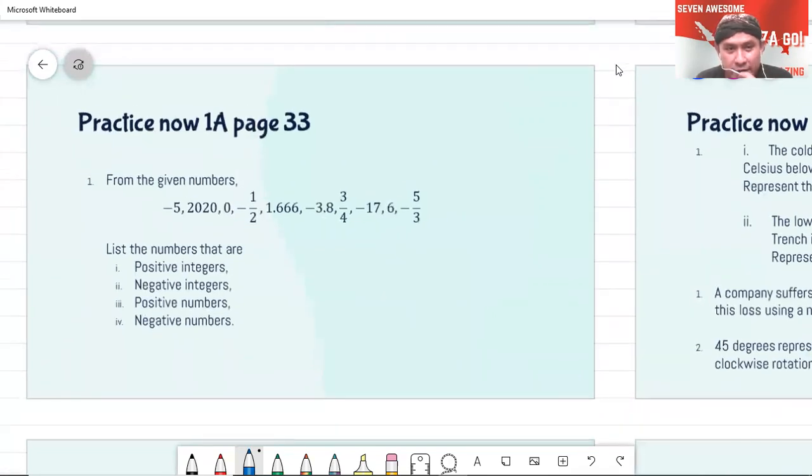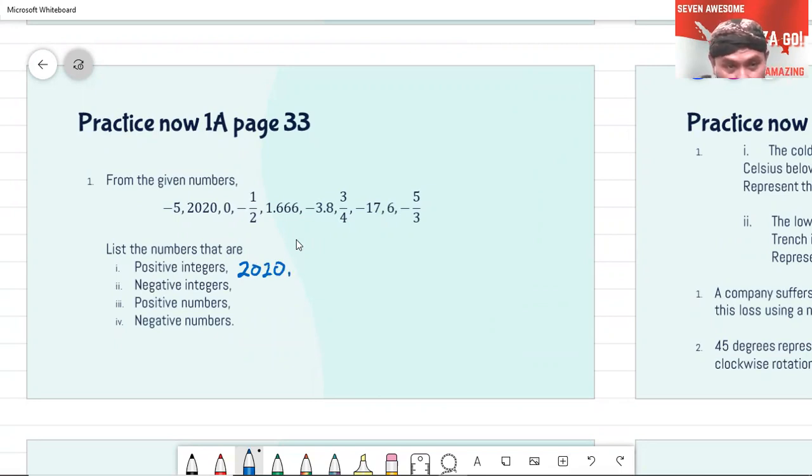Let's practice. From the given numbers: -5, 2020, 0, -1/2, 1.666, -3.8, 3/4, -17.6, and -5/3. List the numbers that are positive integers. First, we have 2020.